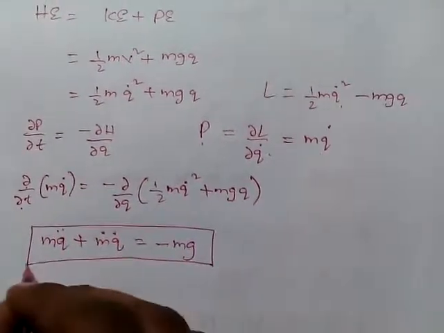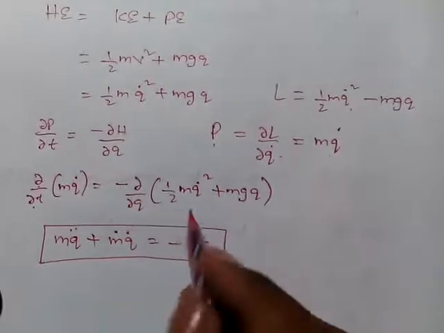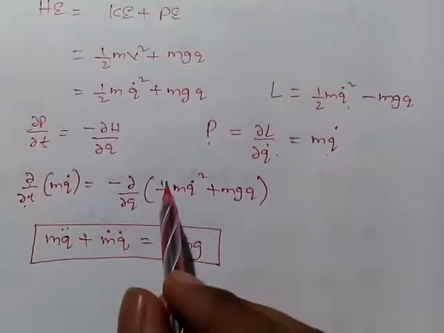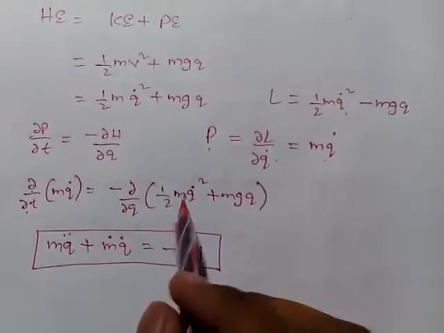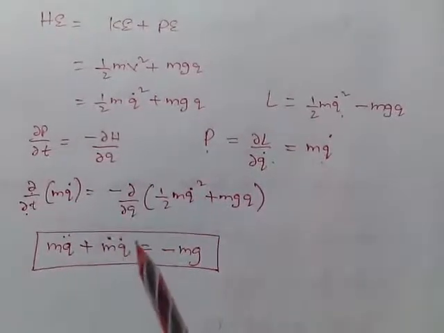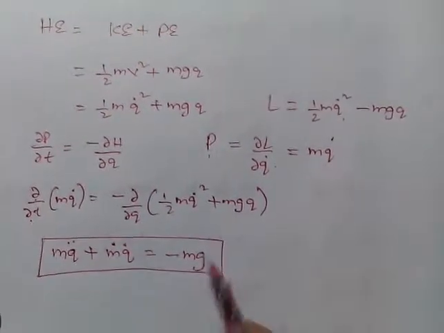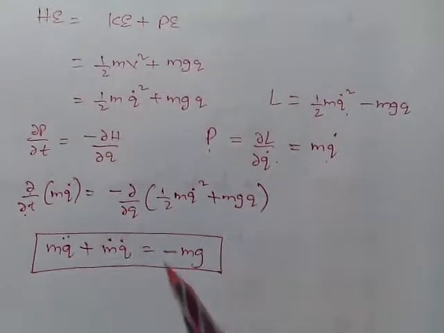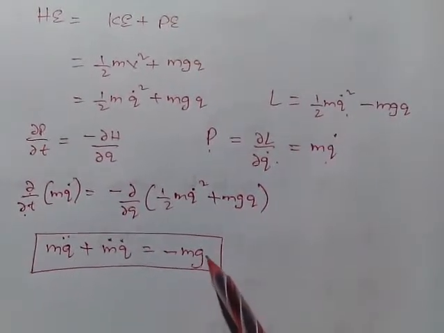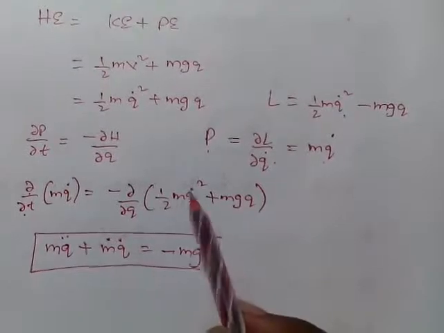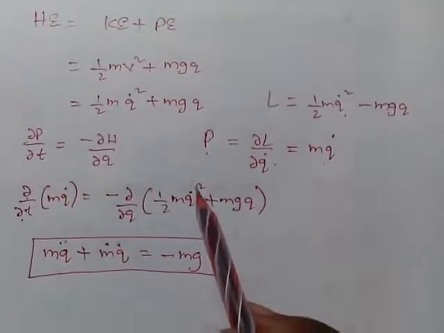This is the equation of the rocket with respect to Hamiltonian mechanics. We can check whether this equation is correct: we got the same equation with Hamiltonian mechanics and Lagrangian mechanics too. So it is true. Thank you, from Krishna Vinay.